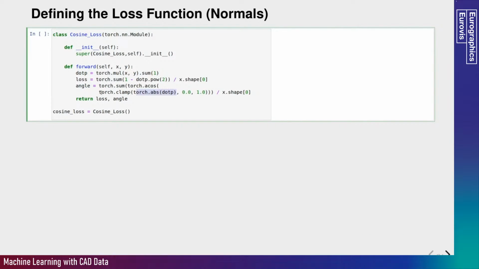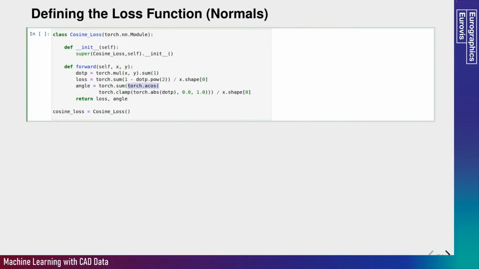What we are then doing is clamping it to the range from 0 to 1, to not have problems with this acos or inverse cosine here, since it could become undefined and could become NaN later in the training.